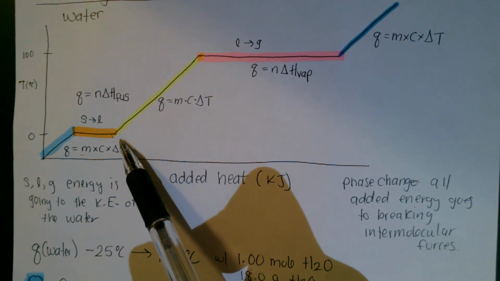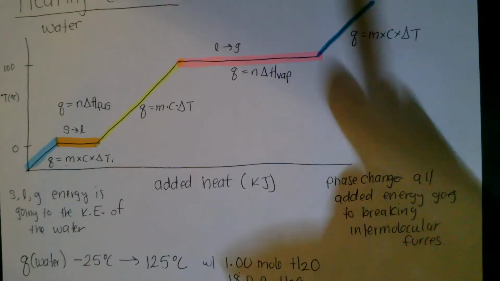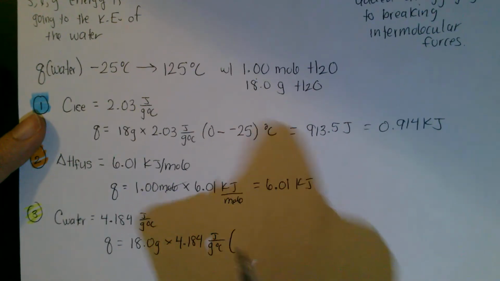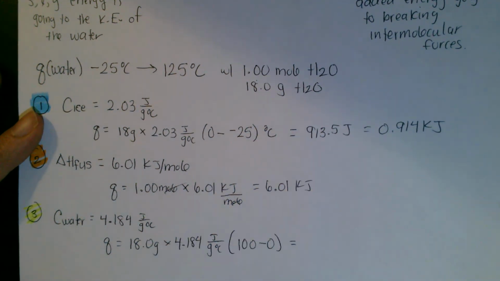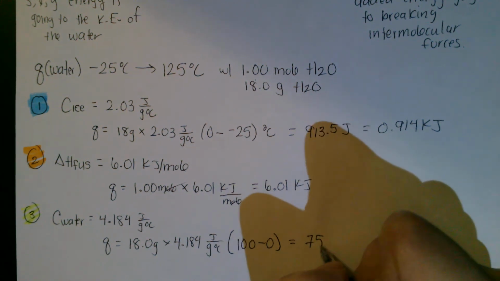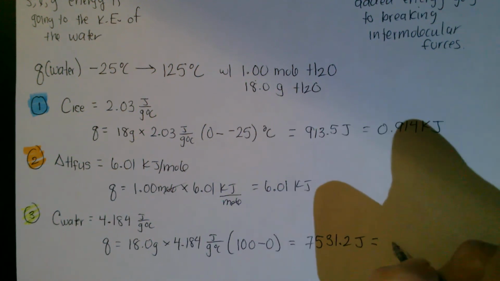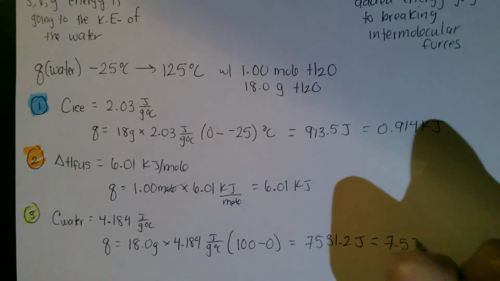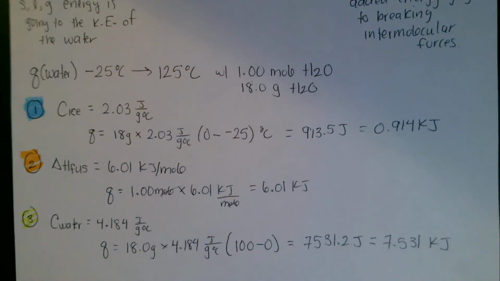But if this gave you something else like ethanol, we're going between the freezing and boiling temperatures when it is in the liquid phase. So this will be 100 minus 0. For MC delta T, I got 7,531.2 joules, which is 7.531 kilojoules.